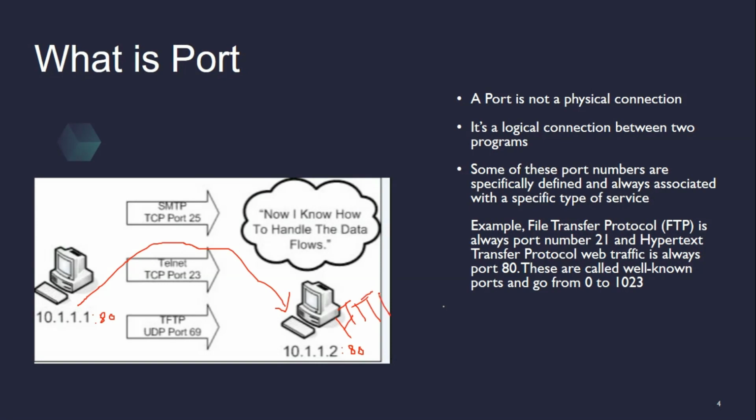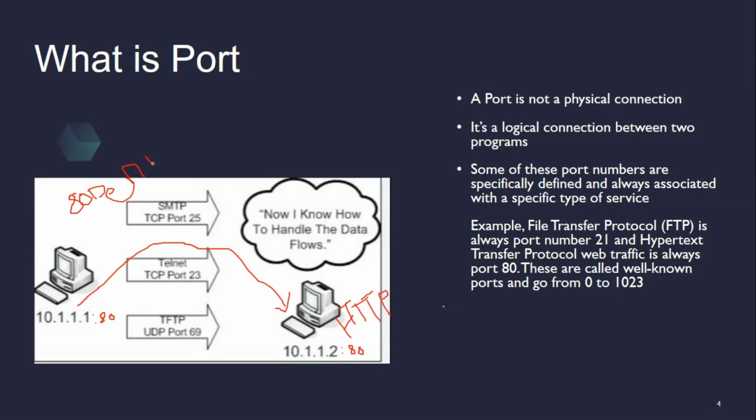If you look at the firewall, how can we deny or allow requests using the port number? In the firewall, we have rule policies. We can deny traffic if any traffic is coming on port number 80.